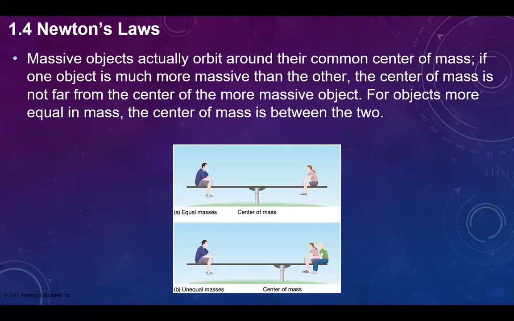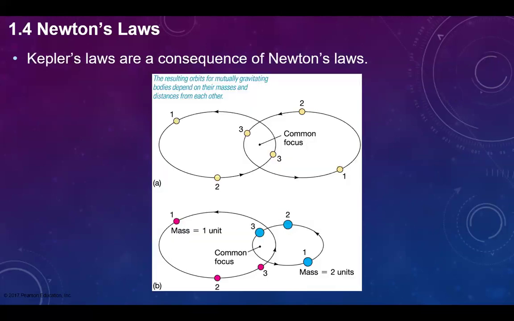So if you have equal masses, the center of mass is in the middle, but if you have much more mass, the center of mass is closer to the more massive object. It's like the point where you balance them on a balance beam. And we find that Kepler's laws are a consequence of Newton's laws. The point that the two will orbit is actually a common focus.